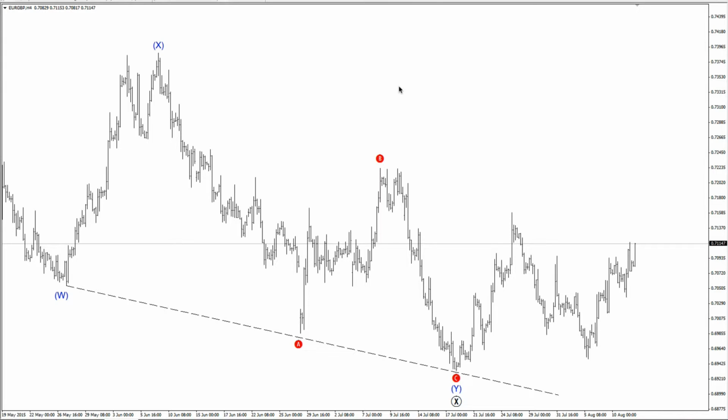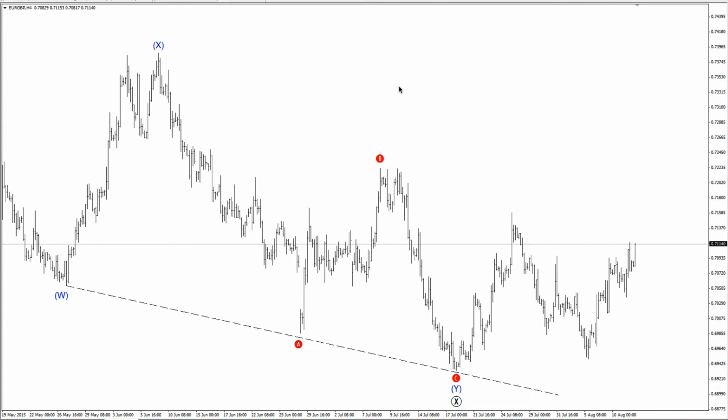I wasn't happy about the price action that this decline had taken. This is not looking impulsive, it's looking corrective, and now since we have made it higher, this is more evident.